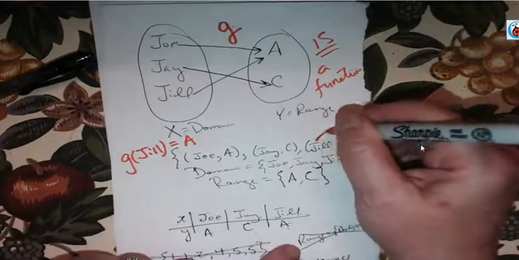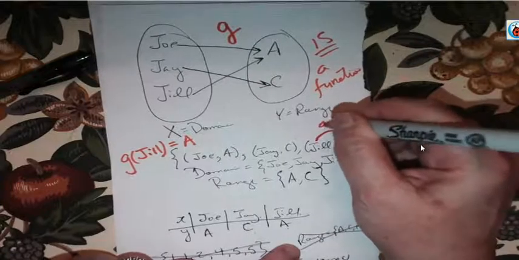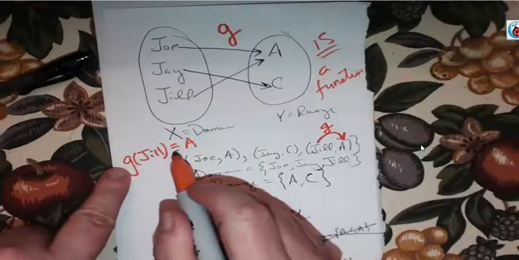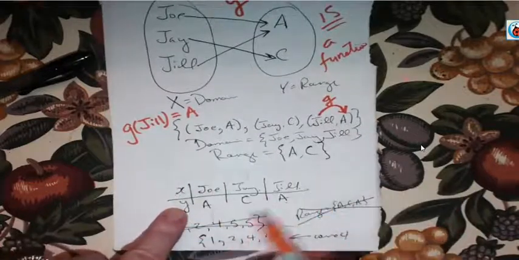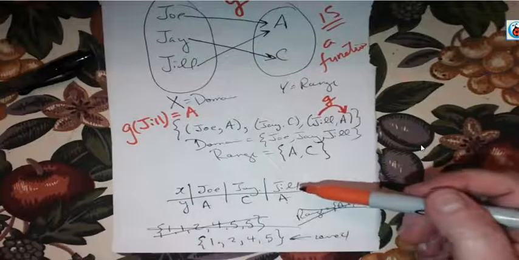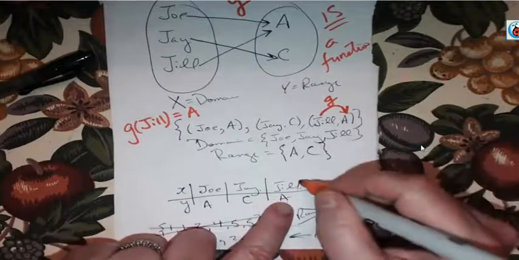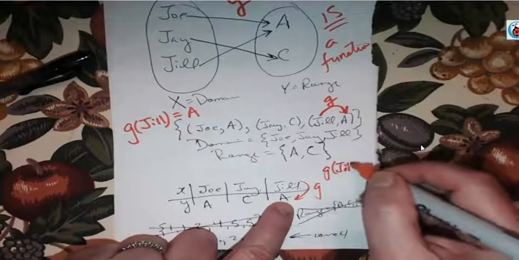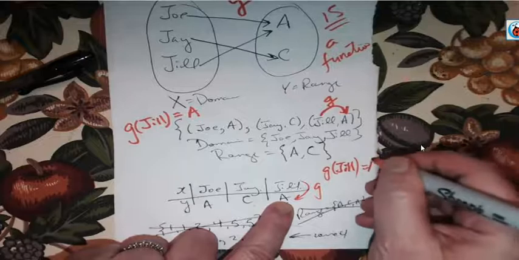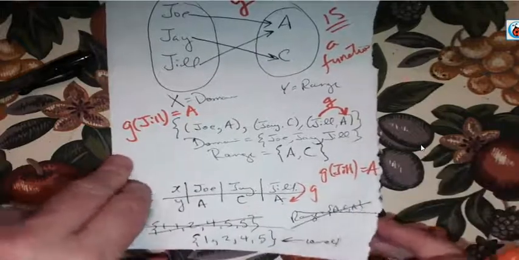Well, G maps the first into the second. So G evaluated at Jill is equal to A. What if I'd had this presentation? What does G map Jill into? I can see that G will take Jill into A. So G of Jill is equal to A.